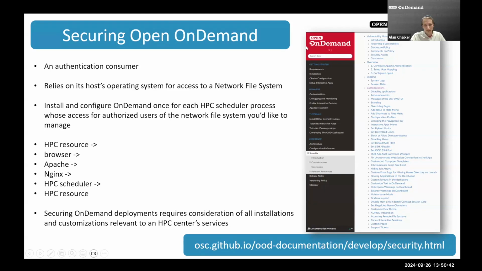OnDemand can help some, but there is also some responsibility on the deployment to ensure their security. And like Alan said, there are lots of people who have found secure ways to deploy it. Lots of people have changed some things on their own. We can talk on Discourse if you have questions or want to discuss anything else about security.